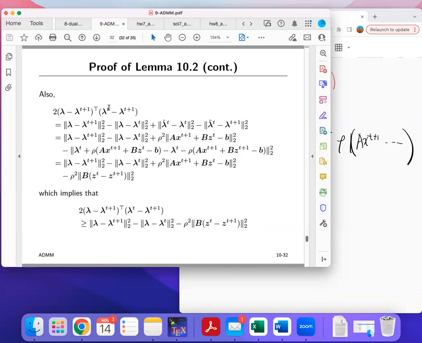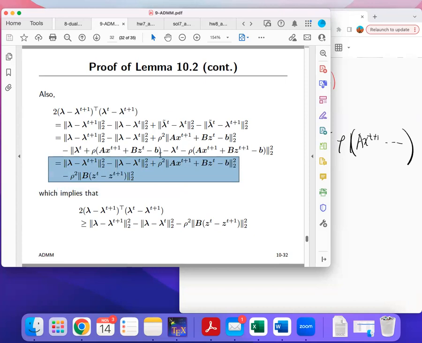And then we can also calculate such an inner product, lambda_{t+1} multiplied by (lambda_t minus lambda_{t+1}). So again, you can just follow these lines, and in the end, you can get this. Everything is equality, so it is exact.